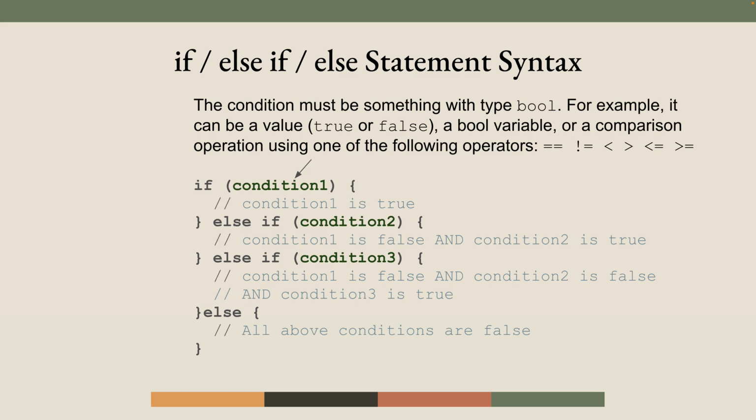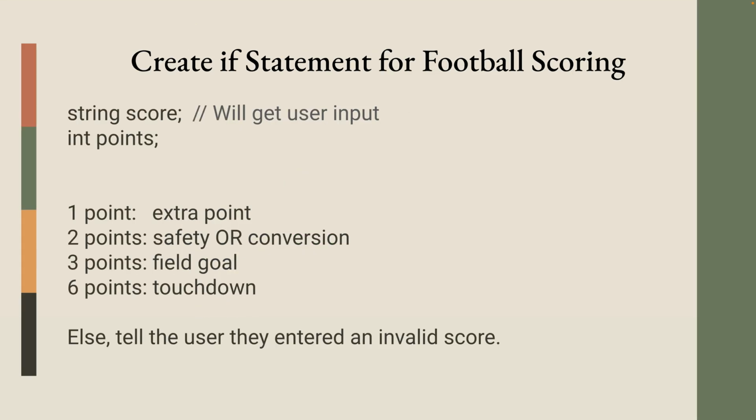Okay, so let's put it into practice. For this problem, we're going to assume that we have a variable called score, and we're going to get input from the user. So the user is going to type in some word like touchdown or field goal or extra point. And we want to set up a big if else statement block that will assign points to the correct point value.